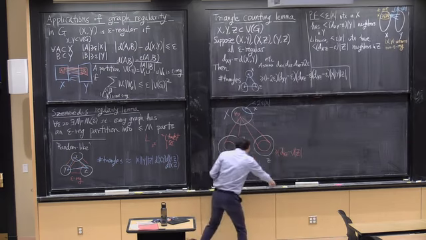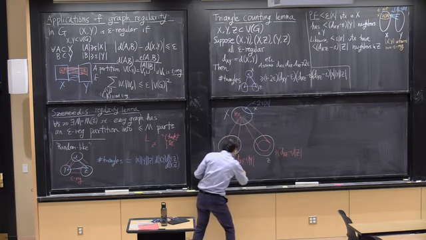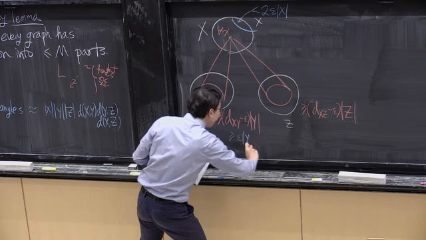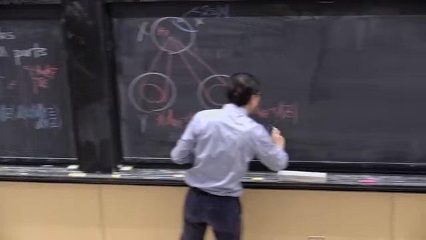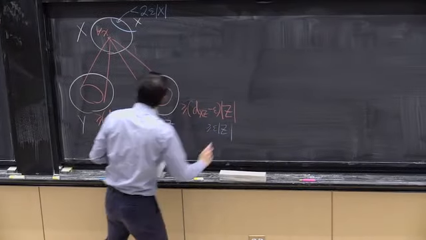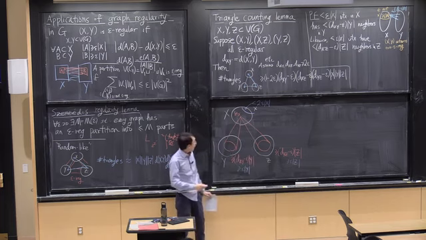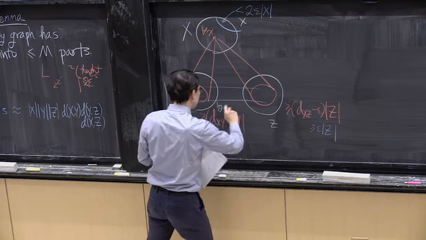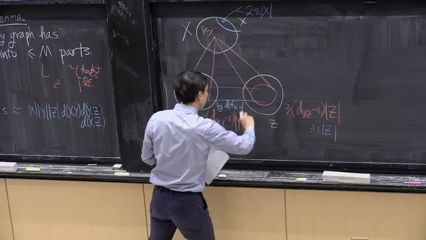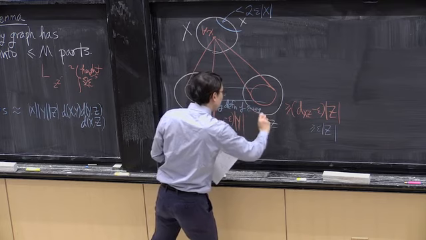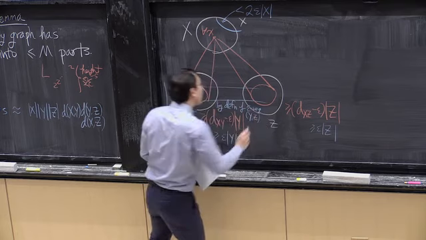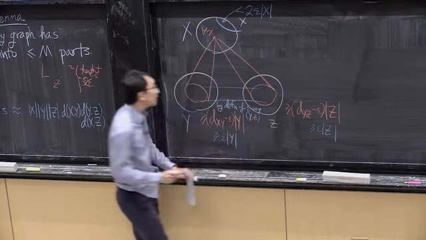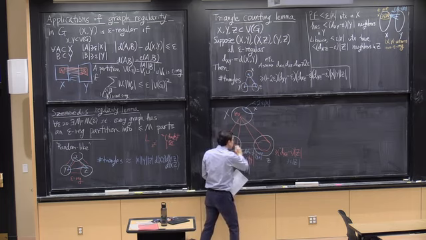Okay. So now these guys are at least epsilon fractions of y and z. So I can apply the definition of epsilon regularity to the pair yz to deduce that there are lots of edges between these two sets.